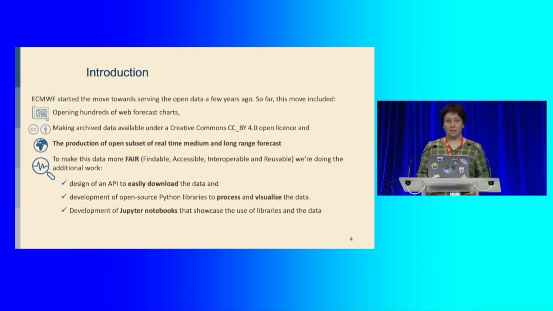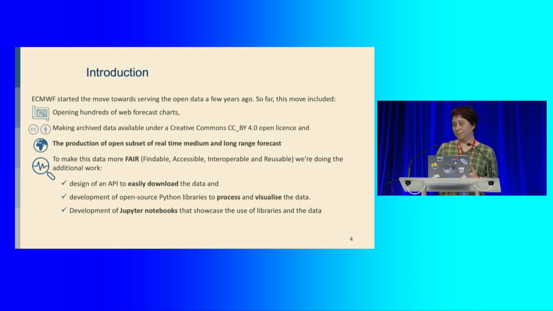So what my talk is about. Until just a couple of years ago, almost all of our data was closed. It was hidden under many licenses. In each of our member states, the country's Met Service was and still is in charge of the data license. In 2019, we made a roadmap to make our data open in the next couple of years, but we can't just make all the data open.